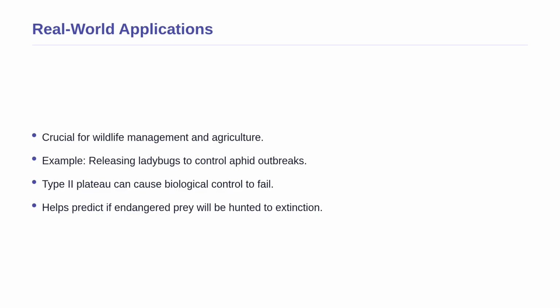If the ladybugs have a type 2 functional response, they might get full too quickly and hit their eating plateau. Furthermore, if they do not reproduce fast enough to create a strong numerical response, the biological control will fail. Conservationists also use these concepts to predict if endangered prey will be hunted to extinction.